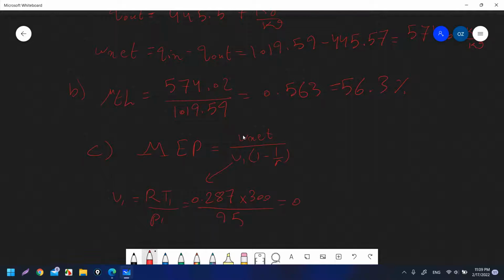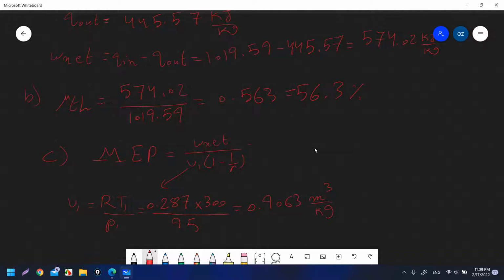This will give you 0.9063 meter cubed per kilogram. That is for V1. Then for the mean effective pressure, 574.02 times 0.9063 times 1 minus 1 over R, which is 16. This will give you that the mean effective pressure is equal to 675.59 kilopascal.